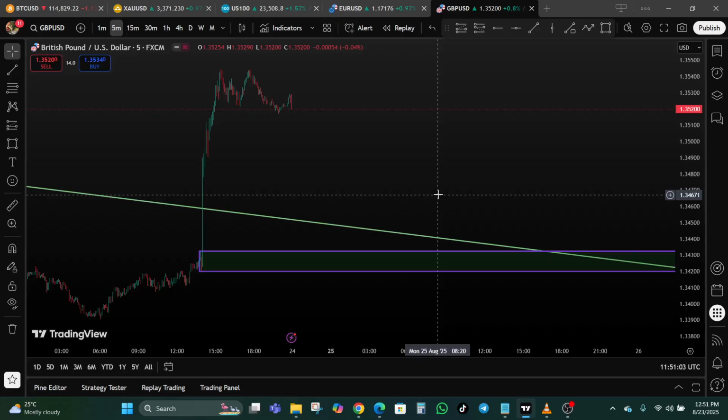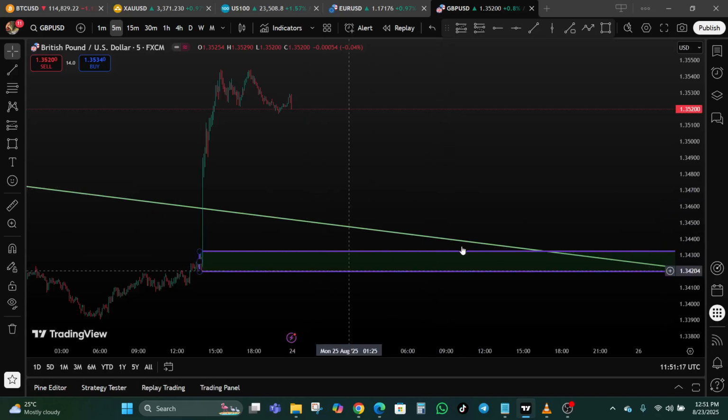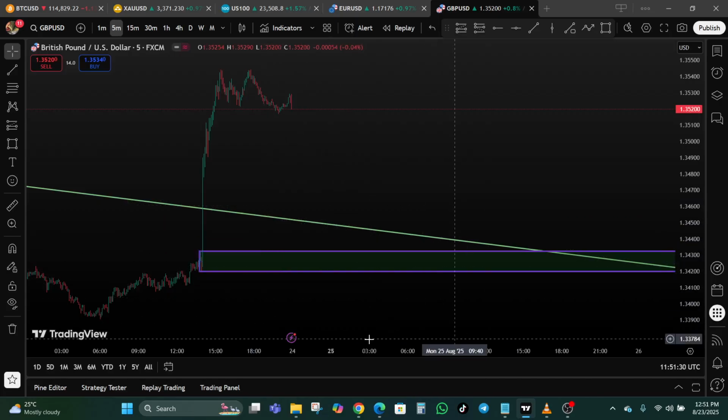Now, another key point is discipline. Not every block will be respected. We just have to accept that fact. And sometimes price won't return to a mitigation zone at all. So this is why it is crucial to combine mitigation blocks with overall market structure.